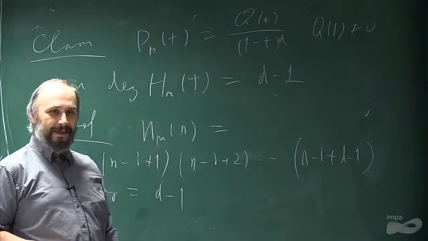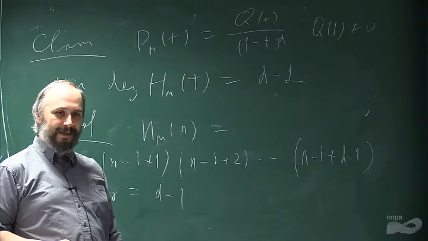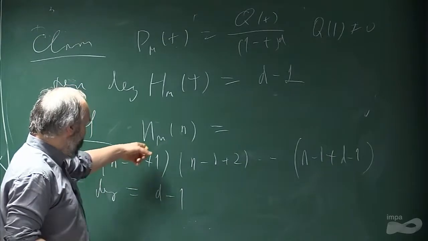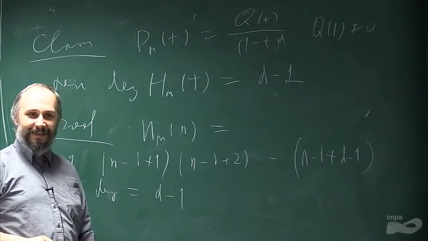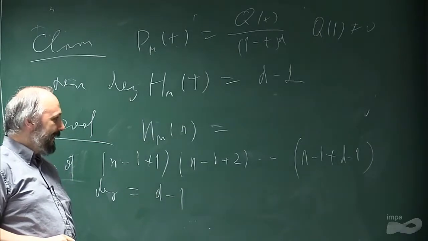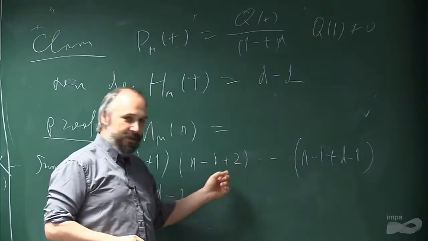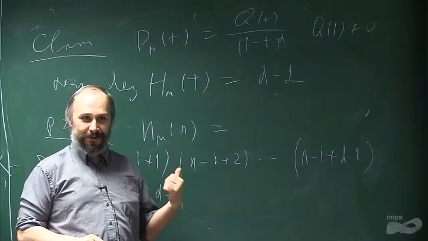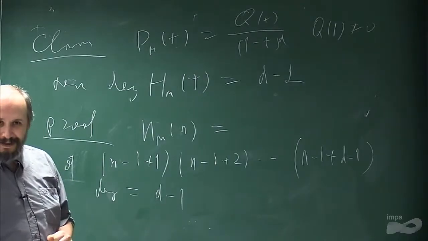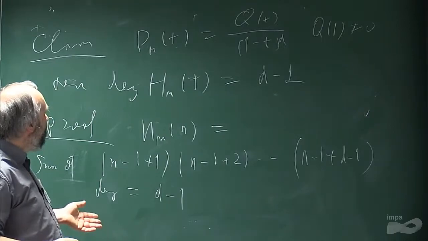Yes? Isn't it strange? If d equals 0, then the degree is minus 1? Yeah, we start with n very big. We should assume that they're all positive numbers. This assumption was on the previous slide. But d can be 0, right? The small d.